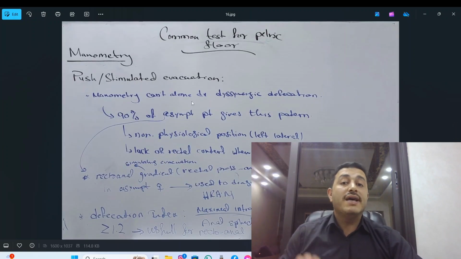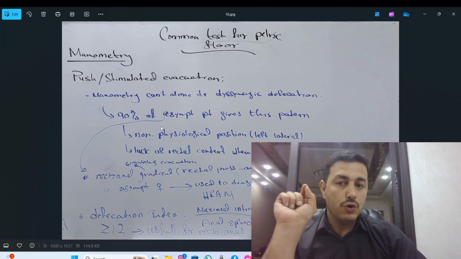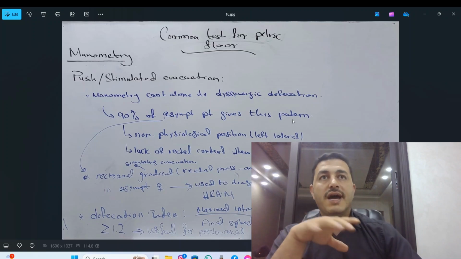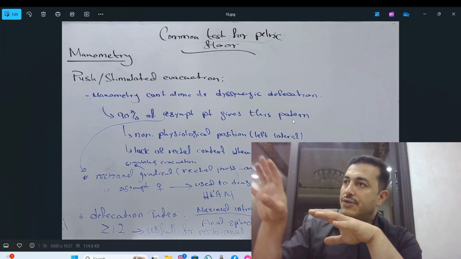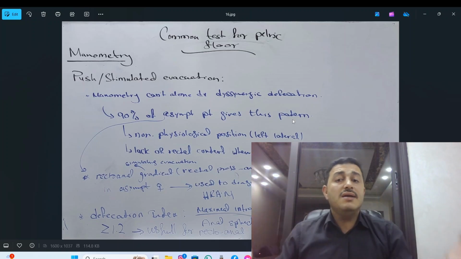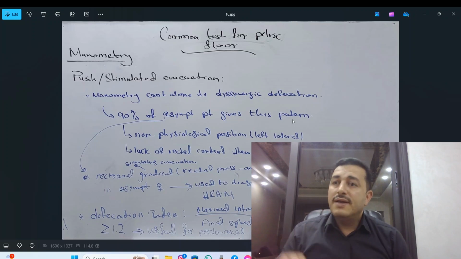As we said, manometry cannot alone diagnose dyssynergic defecation. Why? Because 90% of asymptomatic patients give this pattern. Actually, you will find this dyssynergic pattern in anal manometry in asymptomatic patients. Why? This is maybe, first of all, the position.